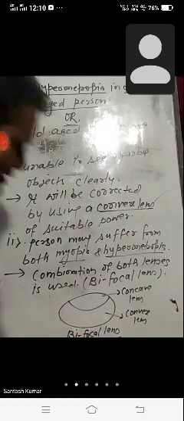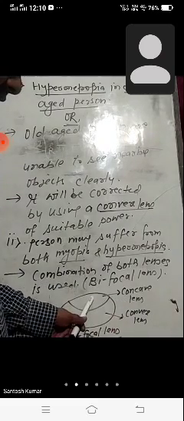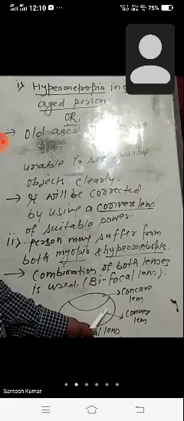This is the bifocal lens. A very small diagram shows how two lenses have been combined together. These two combined enable the person. This concave lens will help while seeing the distant object, and this will help to see the nearby object.